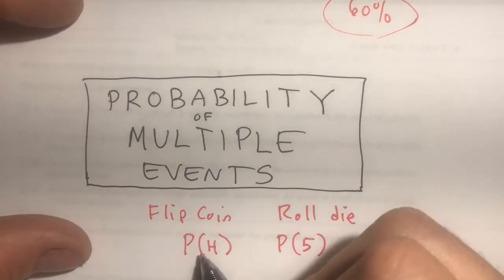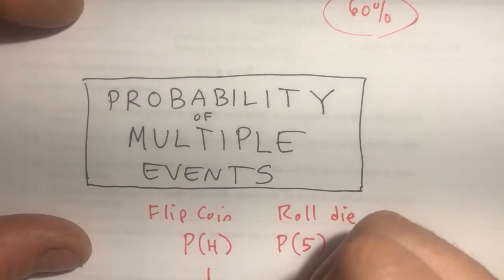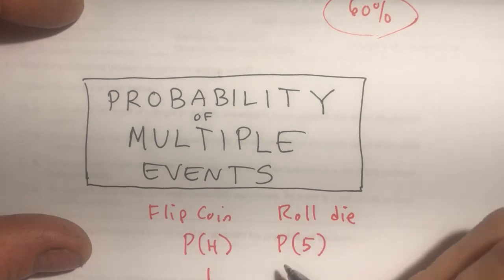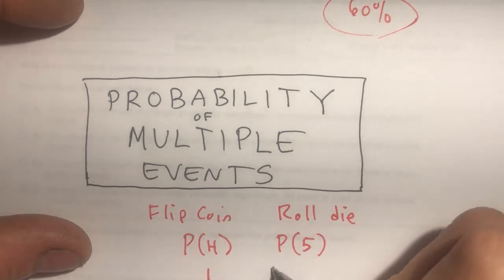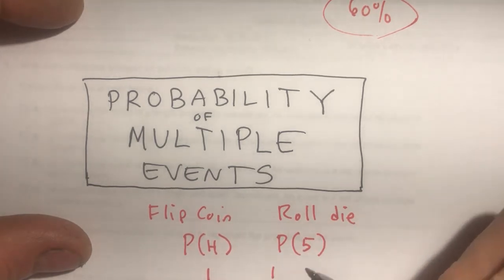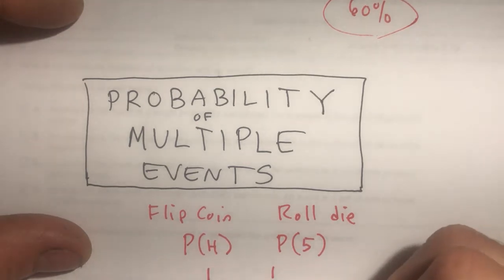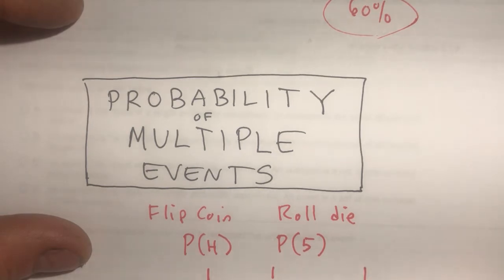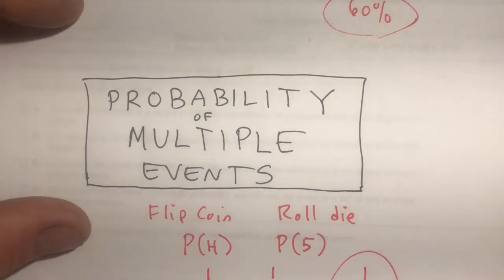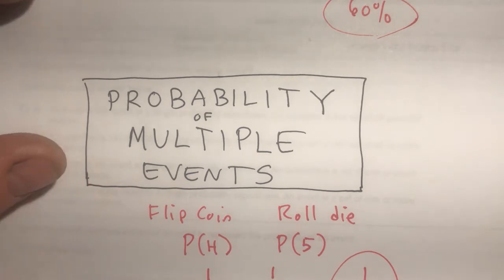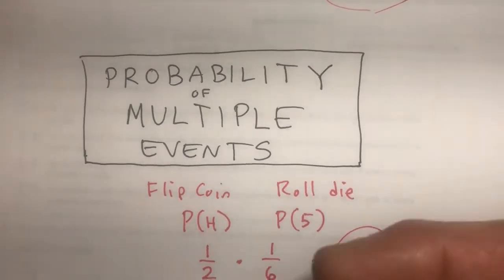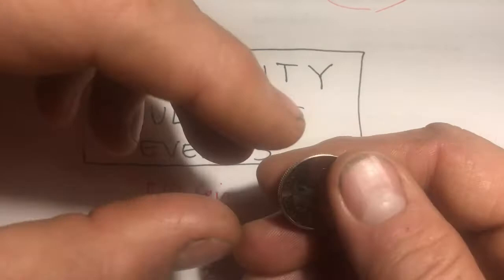All right, so my probability here, there's only 1 head out of 2 total. To roll this die to get this 5, there's only 1 five out of 6 total. So now what's the probability that I do both of those? I would multiply them, which would be 1 out of 12. And that'd be my probability that I do both. You could look at this coin here. Suppose I flip this coin 3 times.